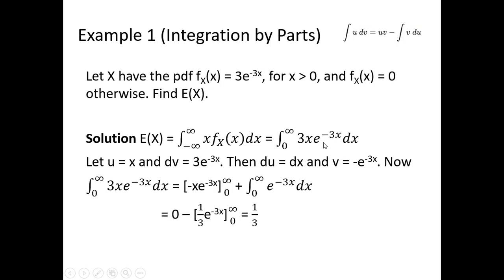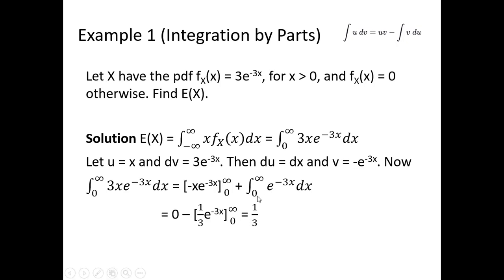So the integral that we need to calculate becomes uv, minus x times e to the minus 3x, evaluated from 0 to infinity. And then we get a plus. There's actually a double negative going on over here.